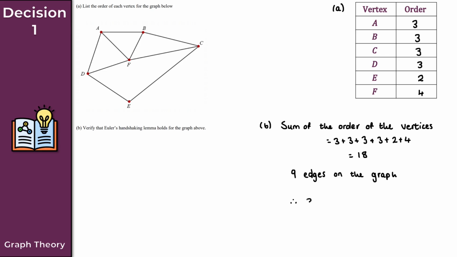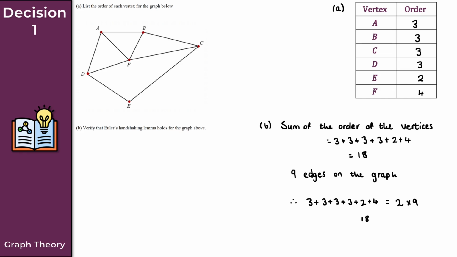So I'll write this down in full again. 3 plus 3 plus 3 plus 3 plus 2 plus 4 is equal to 2 lots of the number of edges, which is 9 in this case. So 2 times 9. I get 18 on the left-hand side, and obviously we get 18 again on the right-hand side.